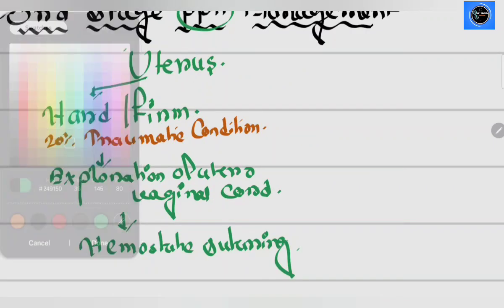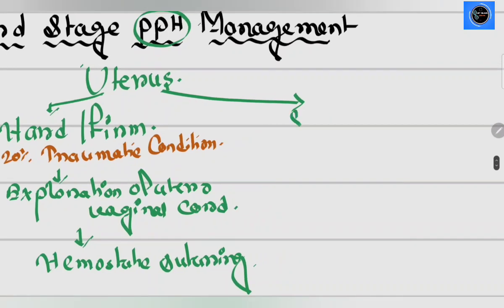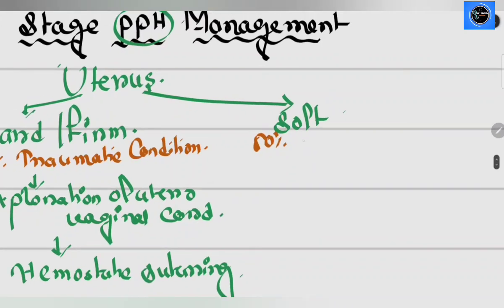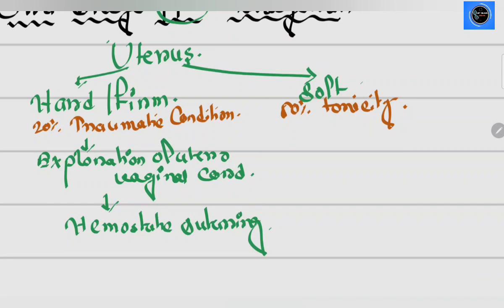But when you feel the uterus is soft, there is an 80% chance this PPH is due to atonicity. In this condition, you massage the uterus.